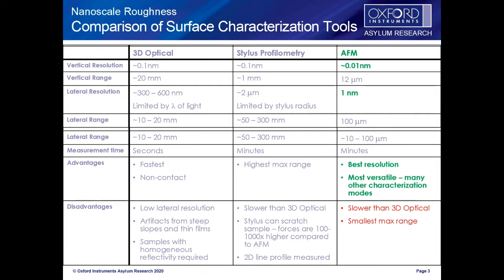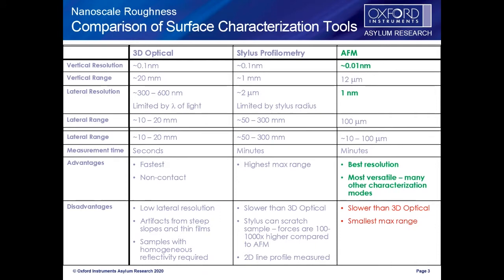So what is the advantage of using an AFM? It is by far the highest resolution technique that's out there. And the other advantage is because it involves an AFM tip interacting with the surface, you can measure lots of interesting surface properties. The examples are changes in conductivity of the surface or changes in mechanical properties like how soft or how stiff or how hard a certain region is.